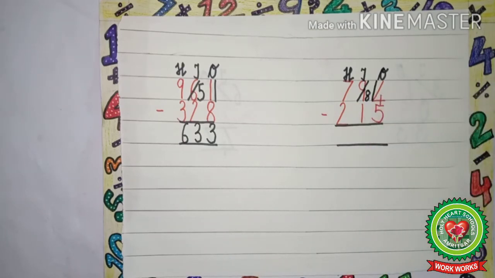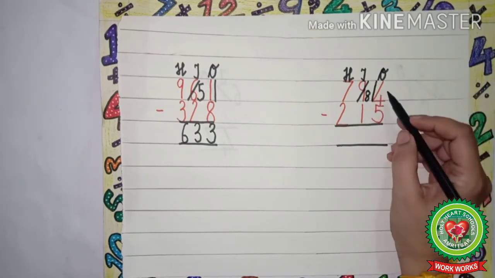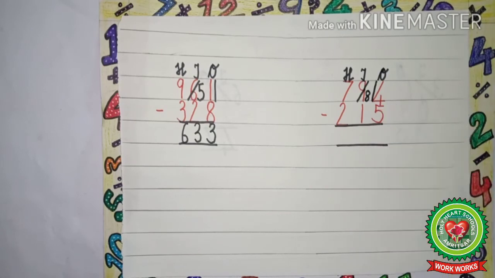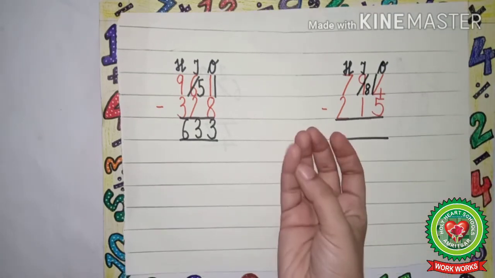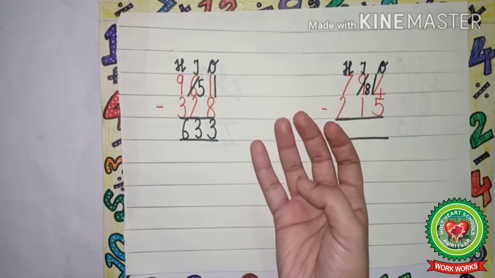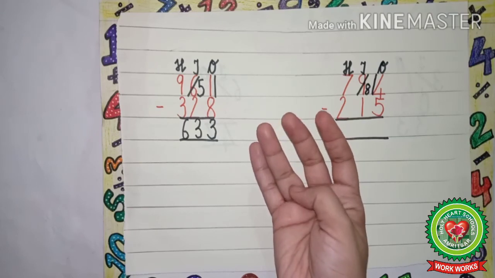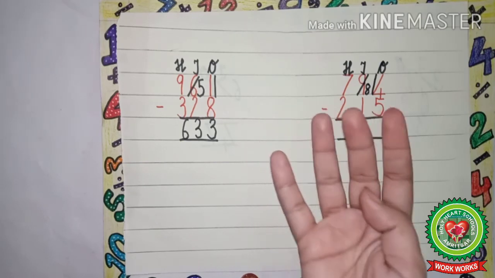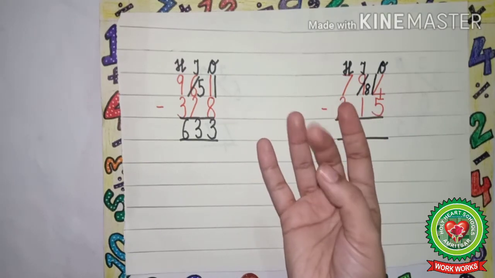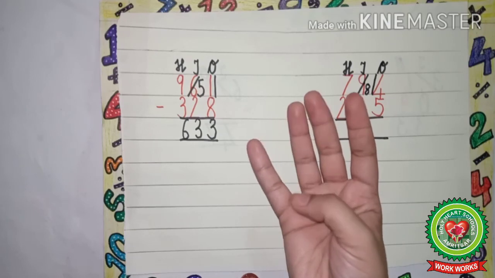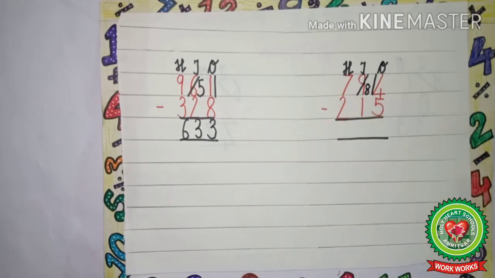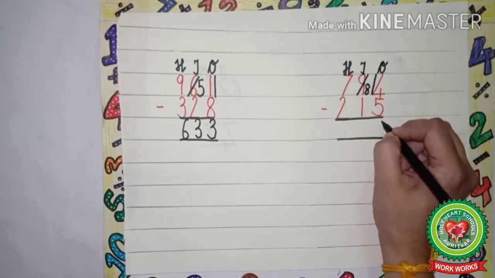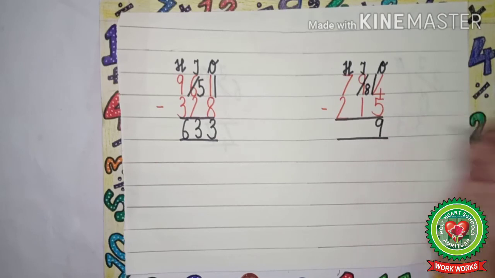Okay. Now start at 5 and stop at 14. Now what comes after 5? 6, 7, 8, 9, 10, 11, 12, 13 and 14. Now 1, 2, 3, 4, 5, 6, 7, 8, 9. So we will write 9 under ones.